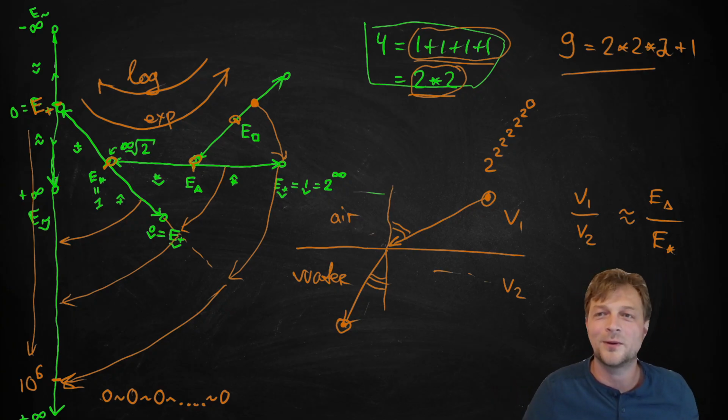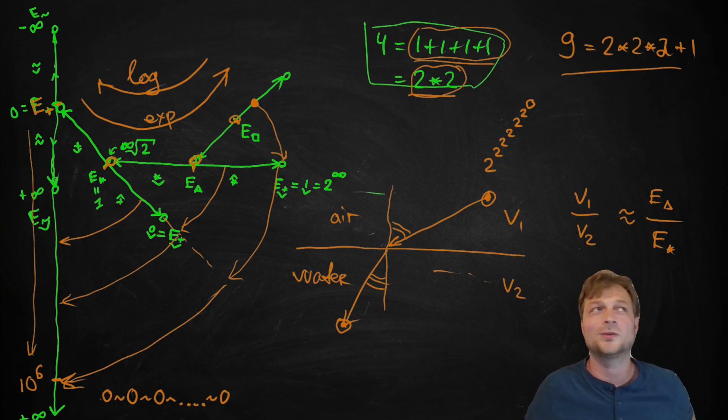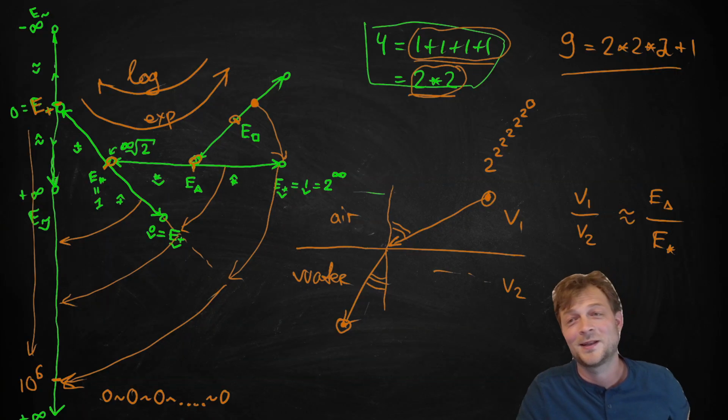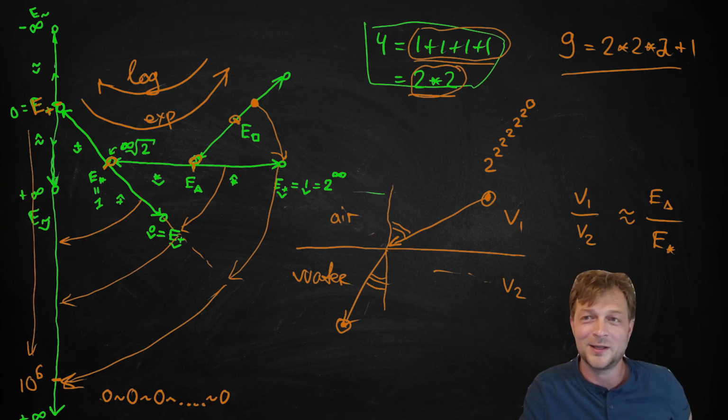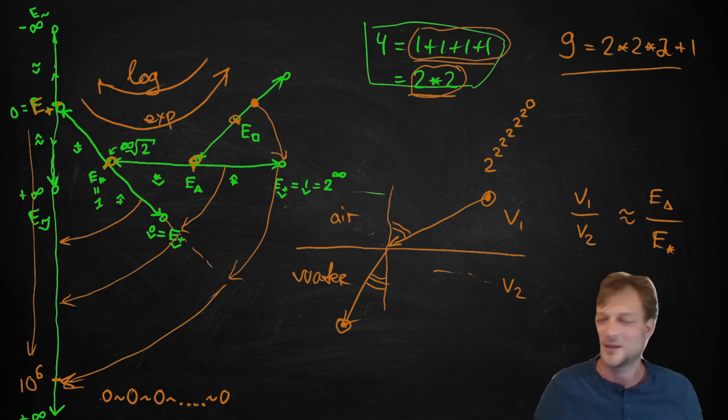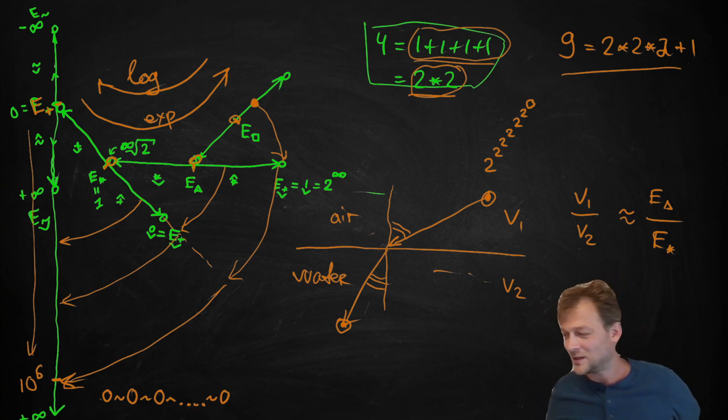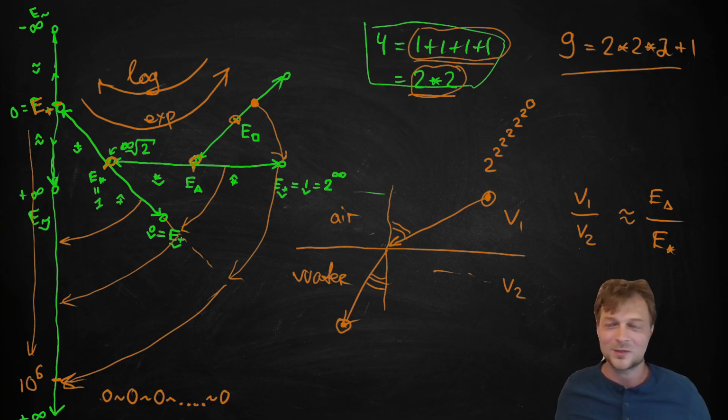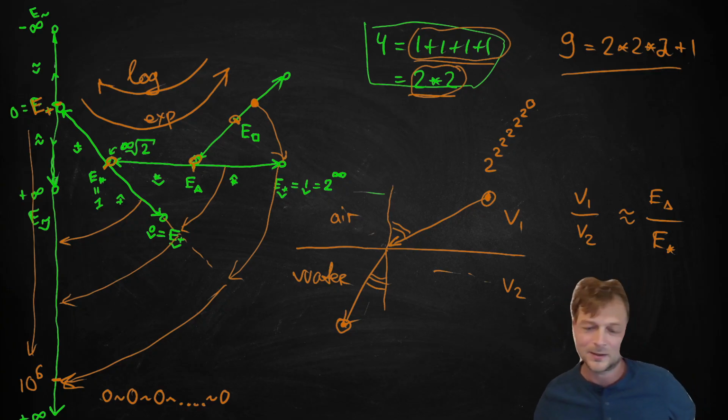You will need to choose which operation you want to use and in what amount to reach 9 fastest. Okay, so that's another analogy, and let's move to the next slide.